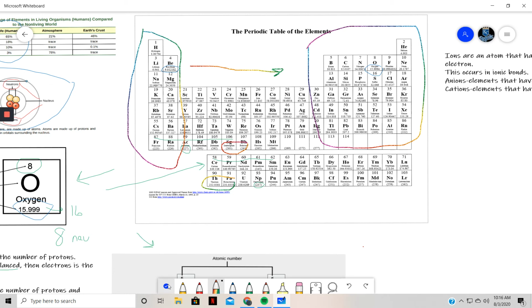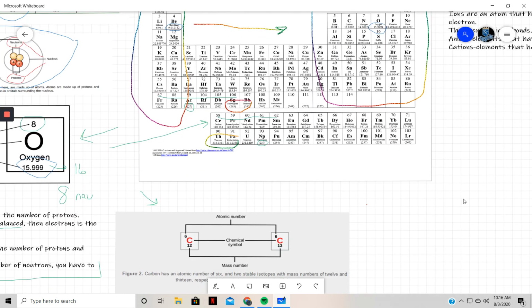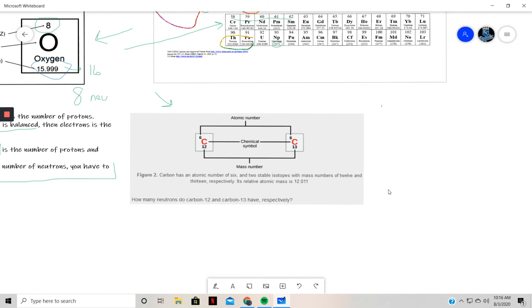We've got 2 more categories. And what we're going to talk about here is isotopes. Let me put that word here somewhere. Let's go back to green. So our topic here is isotopes.